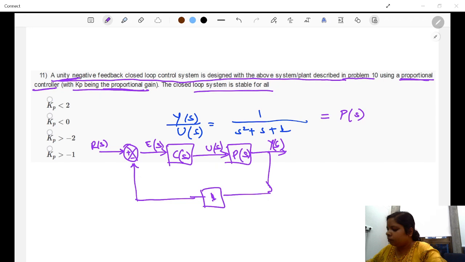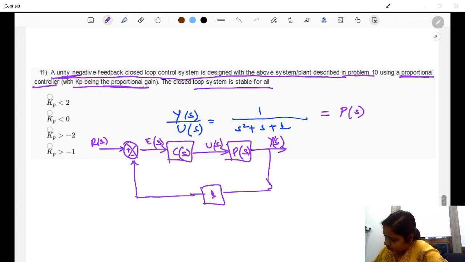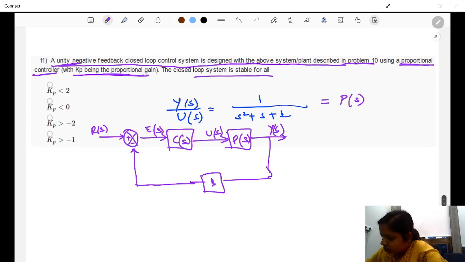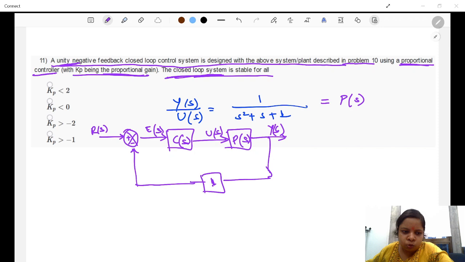Now, the first thing is the closed loop system is stable for. We want to do everything for the closed loop system. If you want to do everything for the closed loop system, then you are supposed to have the closed loop transfer function in the first place.